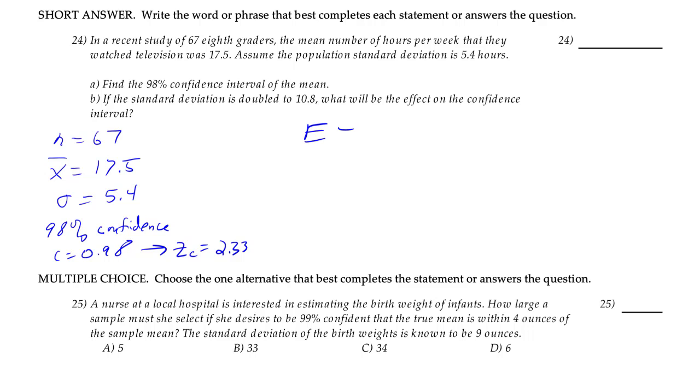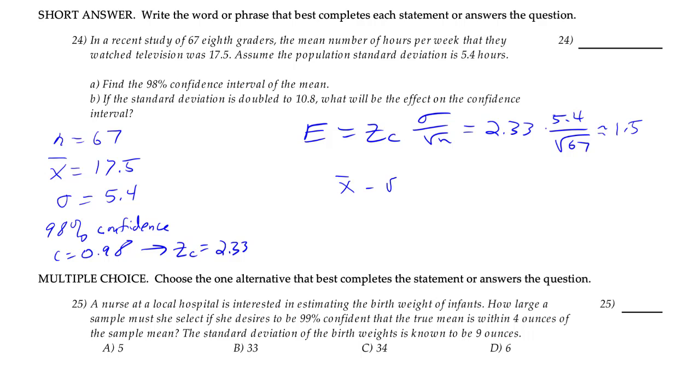Okay, so first we find our margin of error, Zc sigma over the square root of n. 2.33 times 5.4 over square root of 67, which is about 1.5.